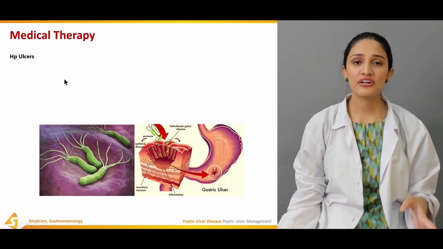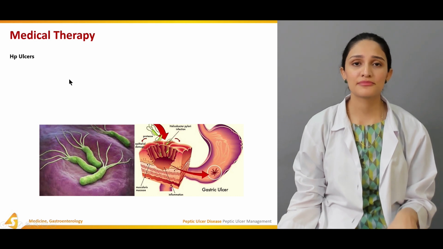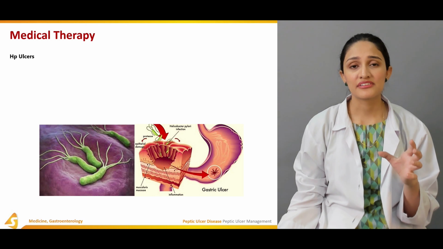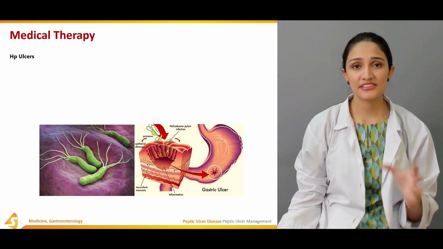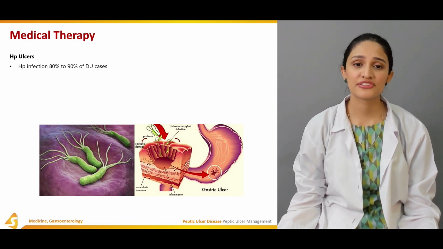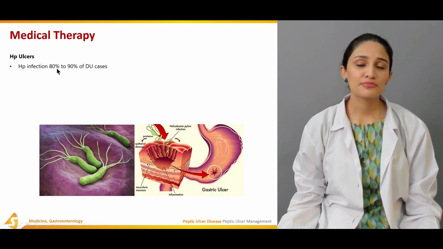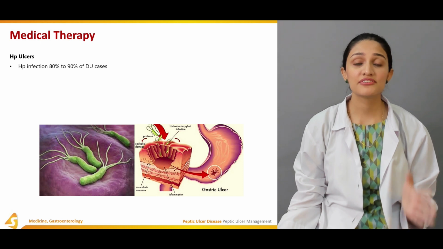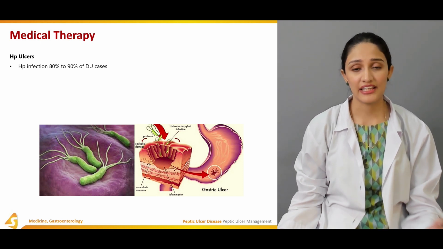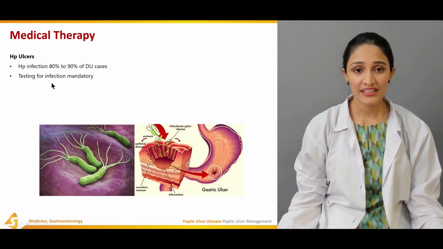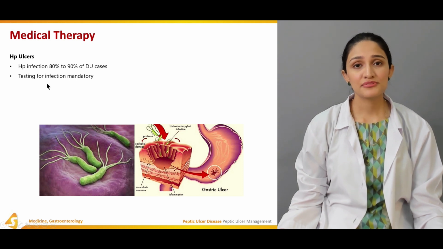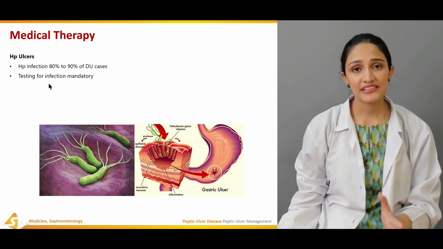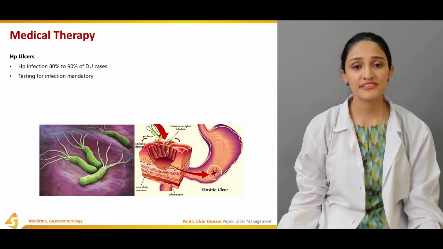So now if we talk specifically about the Helicobacter pylori infection and how we are supposed to treat the ulcers regarding Helicobacter pylori infection. Helicobacter pylori infection causes around 80 to 90% of the duodenal ulcers rather than the gastric ulcers. So if a patient presents with Helicobacter pylori ulcers, it's very important to test the patient for this infection first.